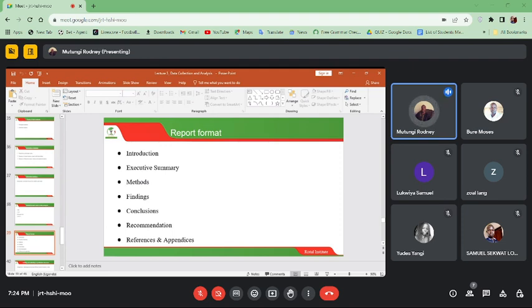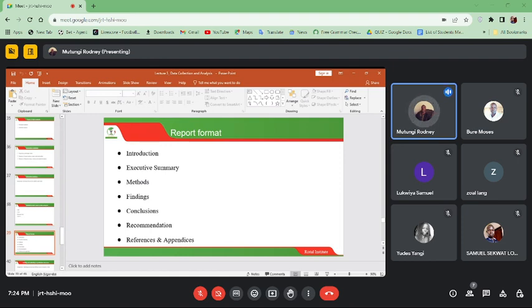And then the executive summary, or what some people call the abstract, is really a summary of whatever is in that report. It can show the objectives, it will show the methods that were used, some few key findings, and the conclusion. And then after you've done that executive summary, now you go deeper into whatever you've mentioned in this executive summary, which includes the methods, how did you collect your data, and then findings, what did you find out, okay?